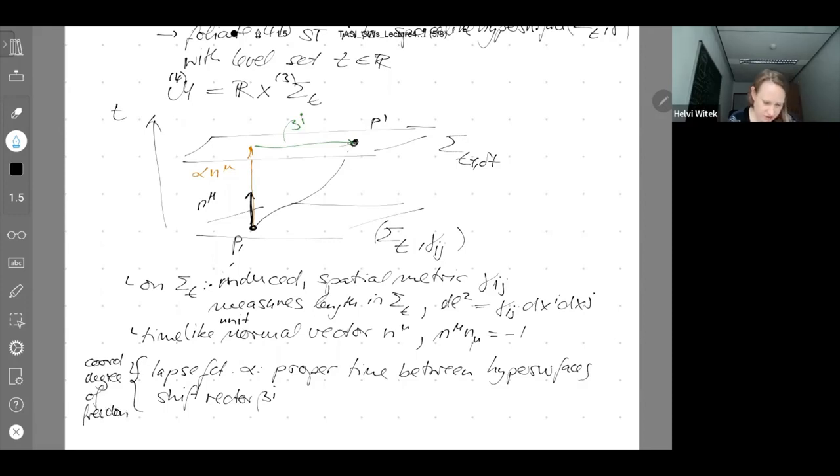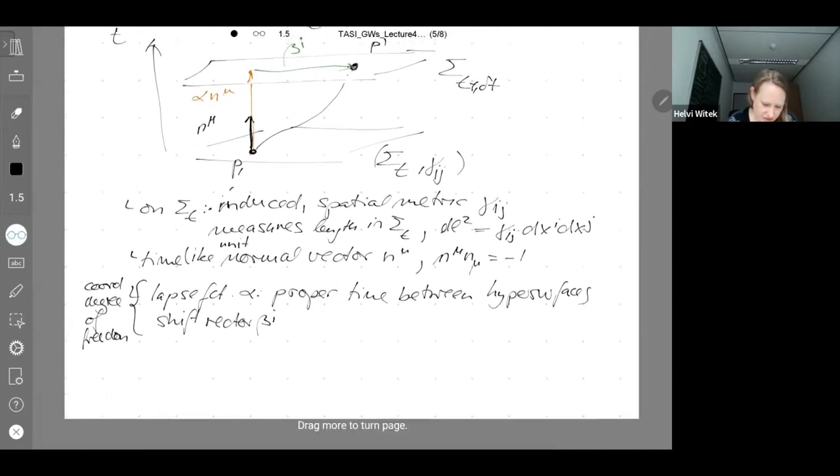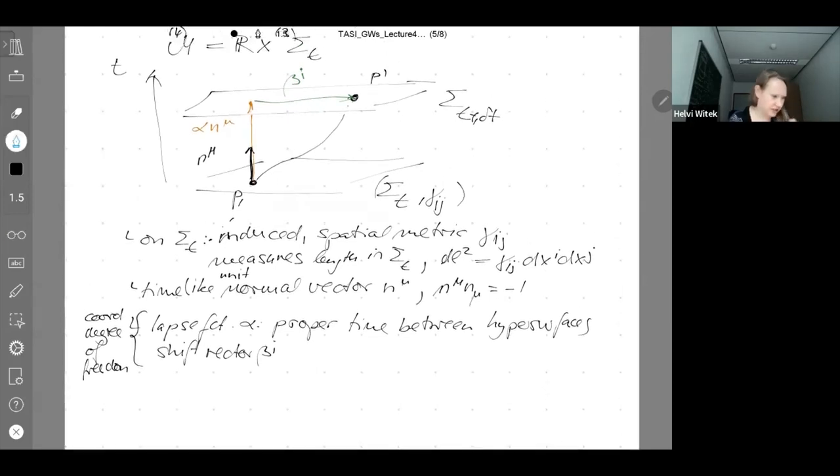Okay, and if we take all of those together, we can rewrite our metric in the following form.